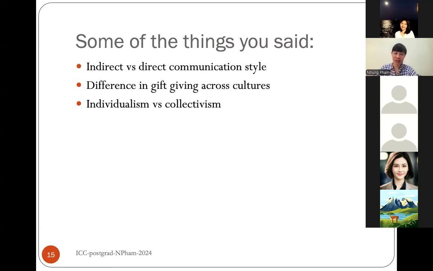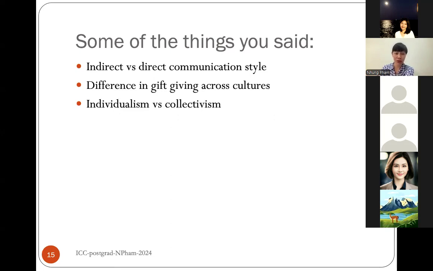It does not mean that native speakers of English are not oriented toward indirect communication. It is just that Vietnamese or Asian Confucian culture people tend to be more indirect at some point. They are not always indirect.